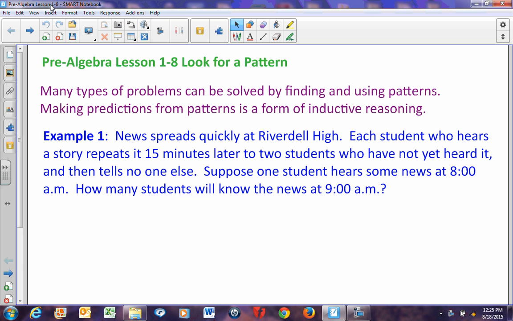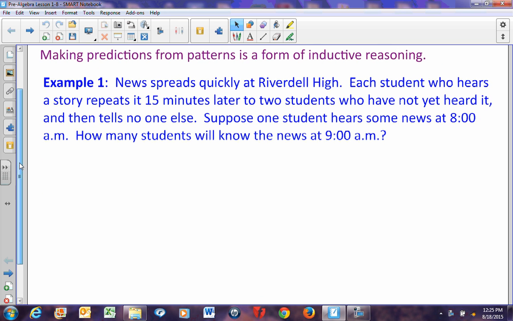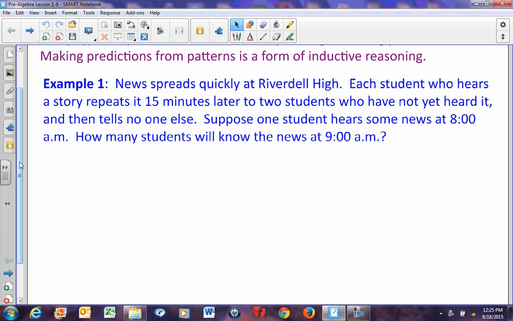Okay, so let's take a look at this. I kind of like to organize my information, so I'm going to organize it into a little bit of a table here.